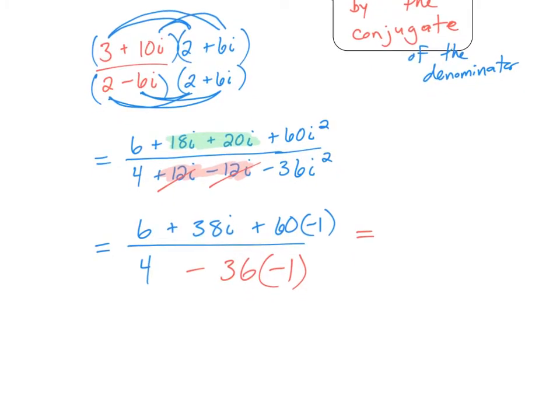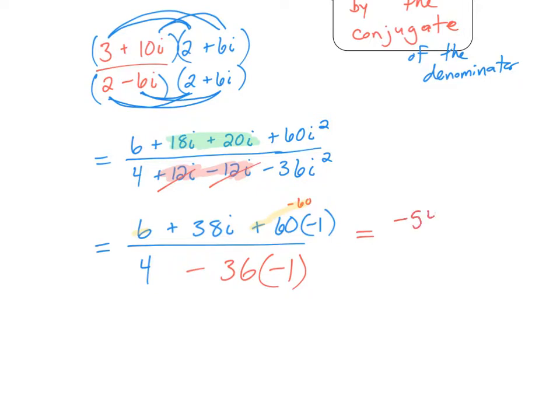So now we can just combine like terms. 60 times negative 1 is negative 60. So if you take 6 plus negative 60, we're going to get negative 54.